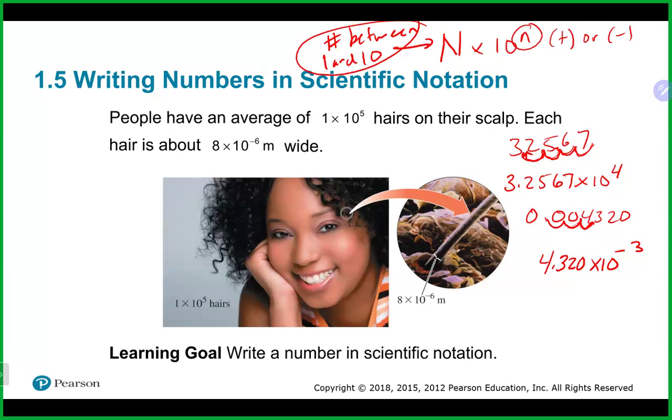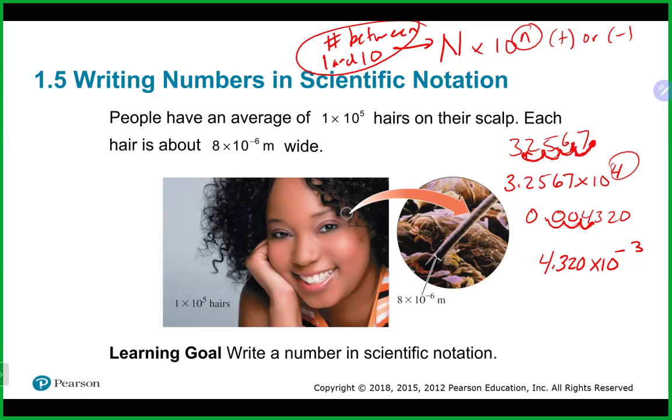There was another hand. Was that a similar question? The four, if we're talking about this one here, is how many places you have to move the decimal point to get to a number between 1 and 10. So if we start back here, we assume it's here.